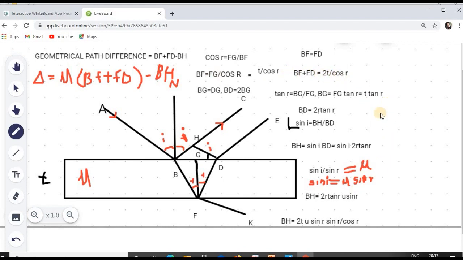So I can write the delta. Delta is equal to the path difference.